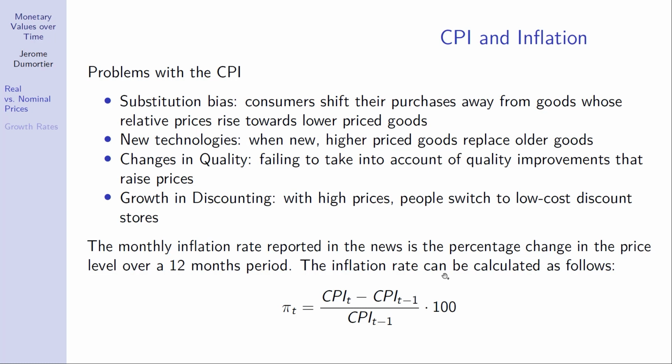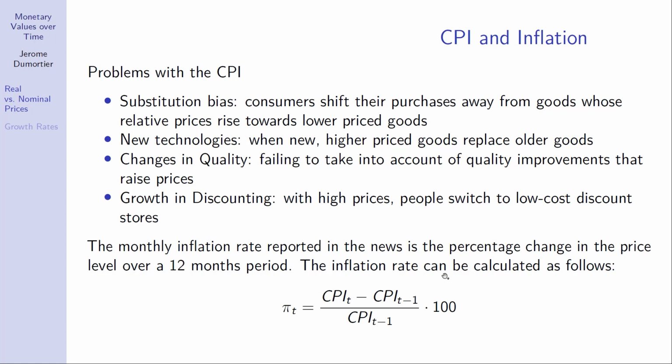For example, there may be what is called a substitution bias: if the price of a particular good increases, think about the price of beef increasing more than the price of chicken, then consumers might actually purchase more chicken. Hence the consumer is actually adjusting their market basket.